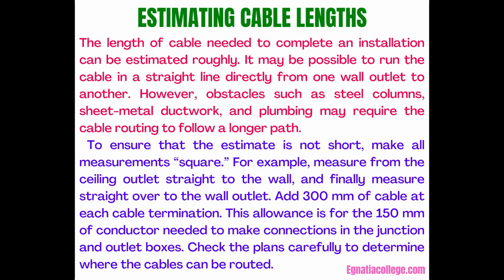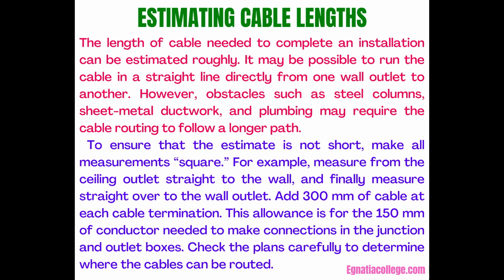Estimating cable lengths. The length of cable needed to complete an installation can be estimated roughly. It may be possible to run the cable in a straight line directly from one wall outlet to another. However, obstacles such as steel columns, sheet metal ductwork, and plumbing may require the cable routing to follow a longer path. To ensure that the estimate is not short, make all measurements square.